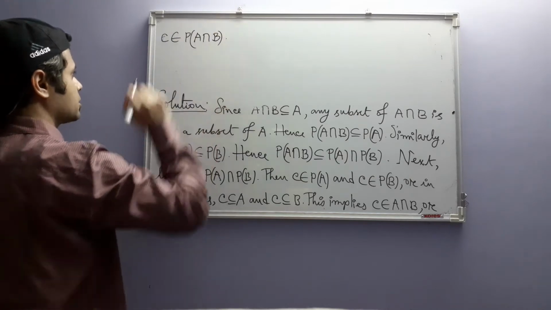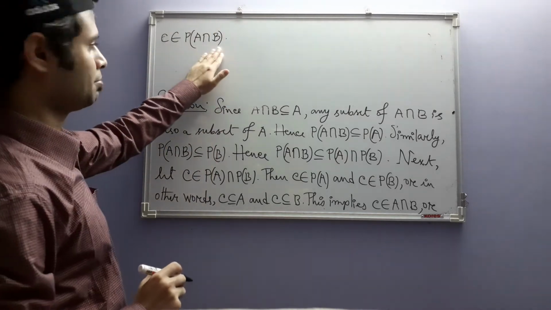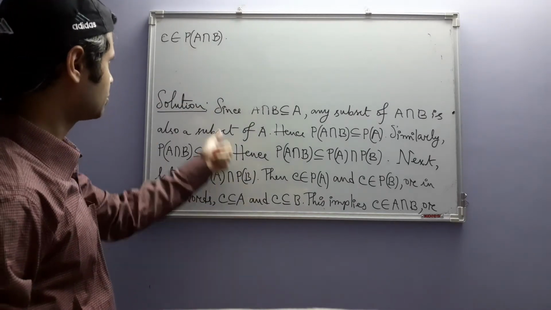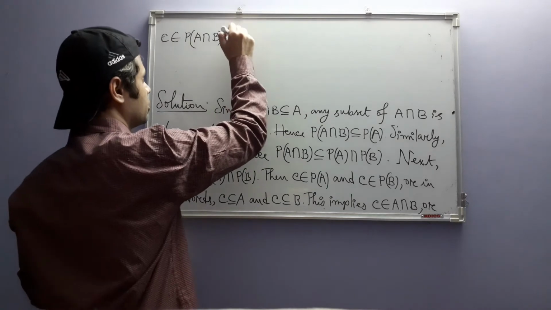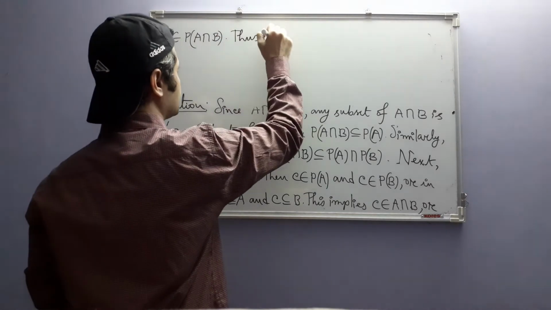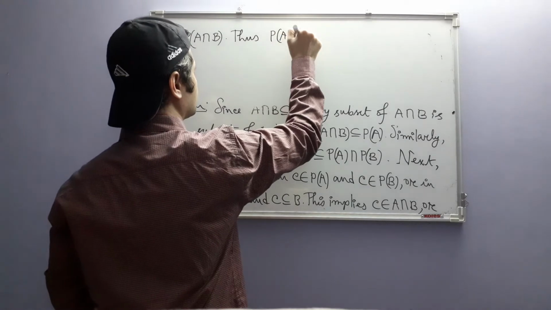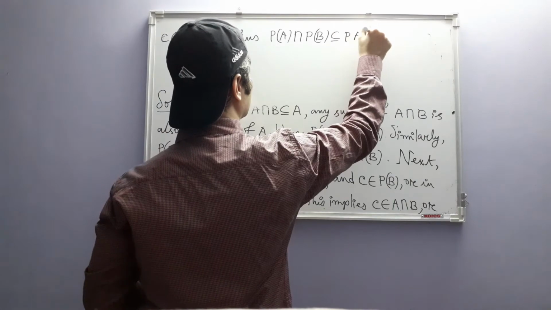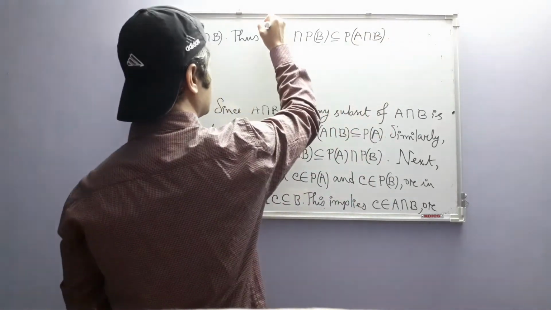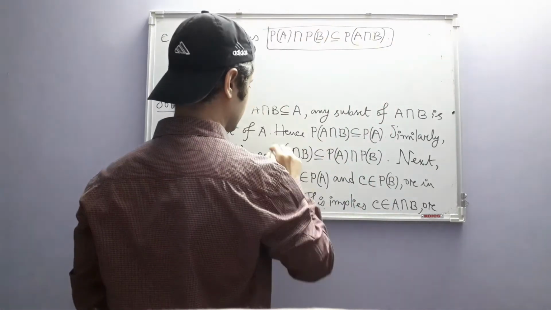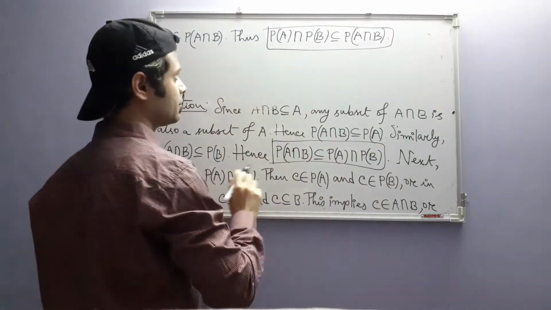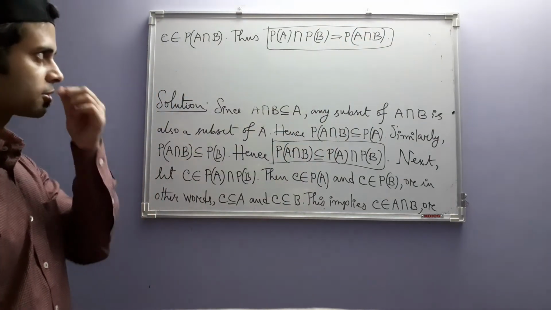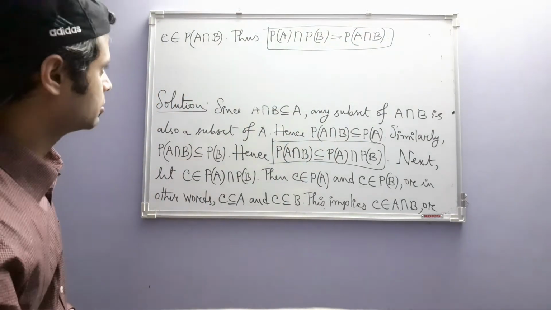Being a subset of A intersection B means being an element in the power set of A intersection B. So having chosen C here, we have shown that C is here. Thus, this intersection is also contained in this power set. From these two relations you have equality. This is what you have to show. So this is the first part of the solution.